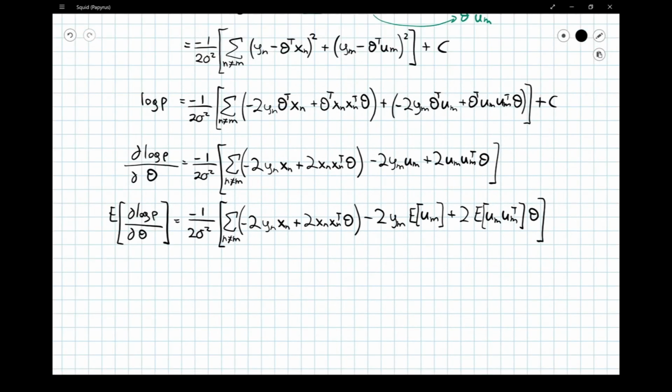Okay, so we set all of that equal to 0, and we solve for theta, and that theta is going to be our theta i plus 1. It's going to be our next best guess.